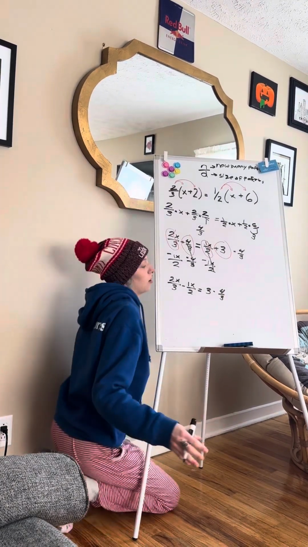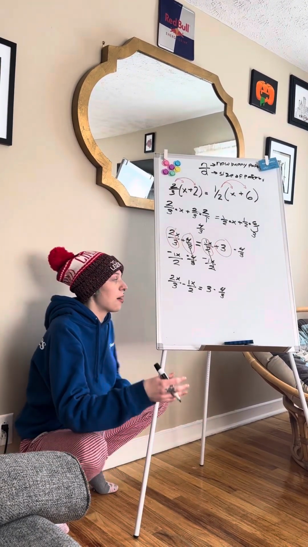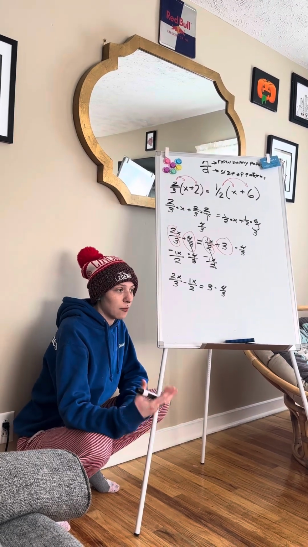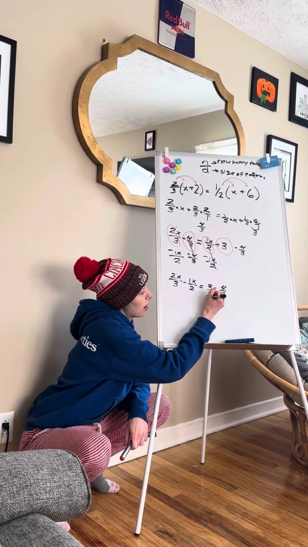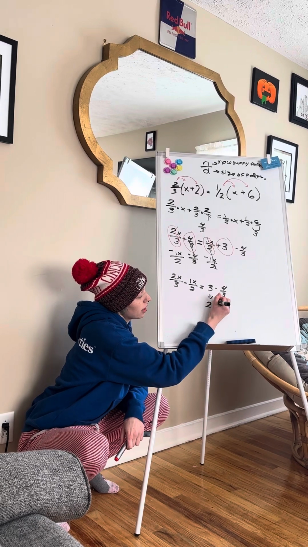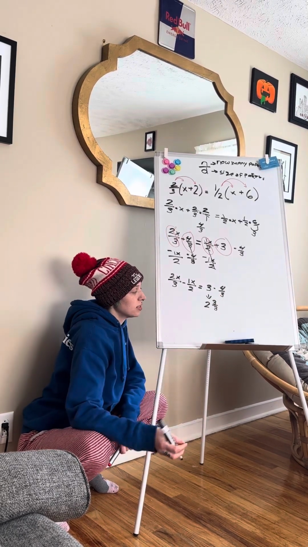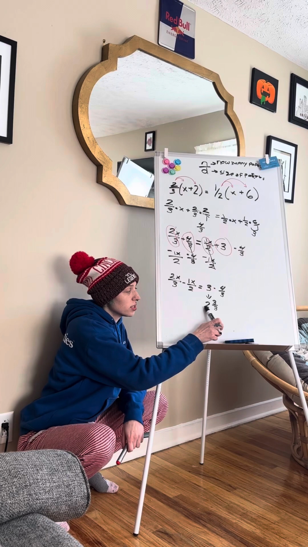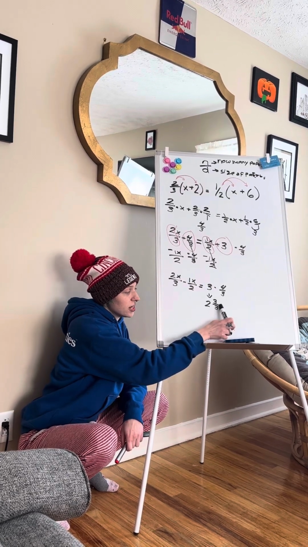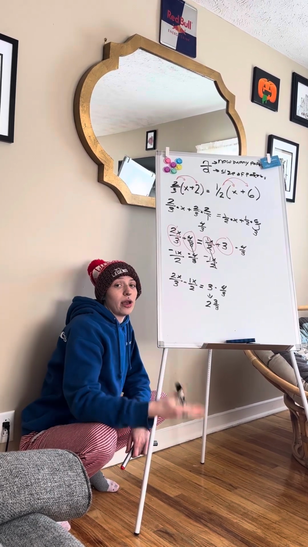Now, again with that trick with the fractions, if you know how many wholes are in and how many pieces you have, I could rewrite my 3 as 2 and 3/3, because this is telling me that I have 2 wholes and I have 3 parts that are each size 1/3 of a whole, that will also create another whole.